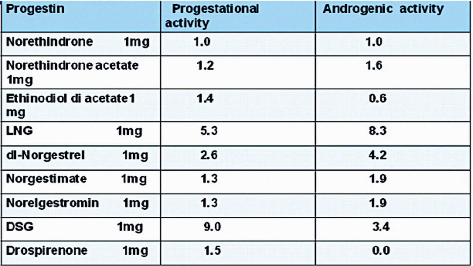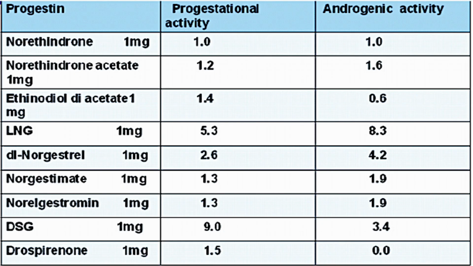The table shows the progesterone activity and androgen activity of different types of progesterones. We can see the fourth generation one, that is drospirenone. It has almost zero androgenic activity. So the newer the generation, the lower the androgenic activity of the progesterone.